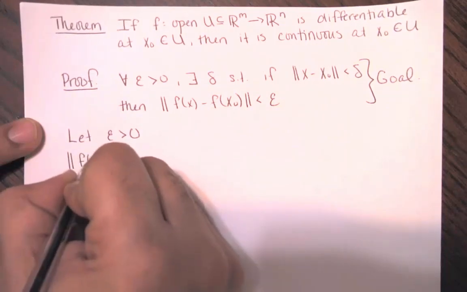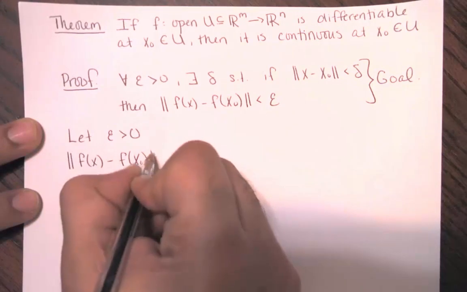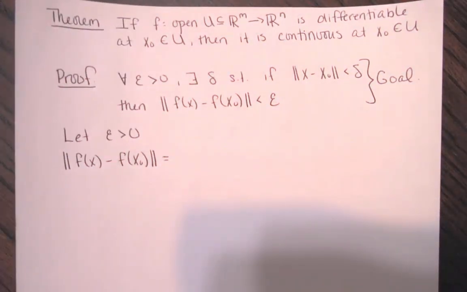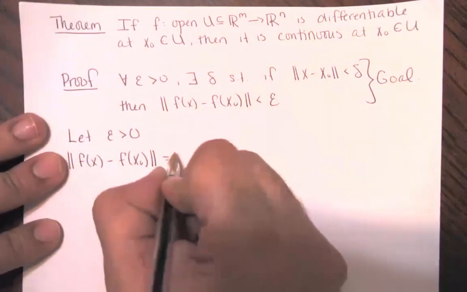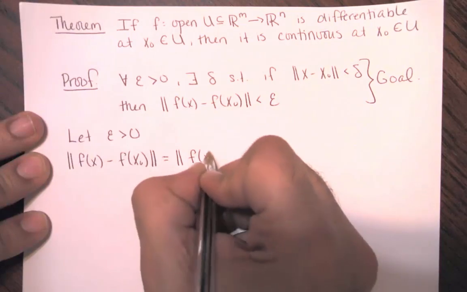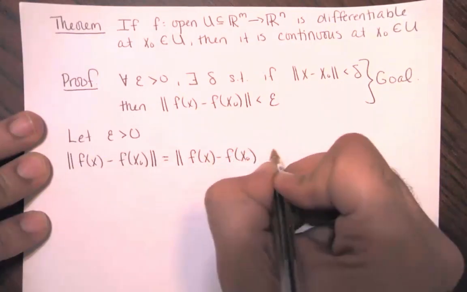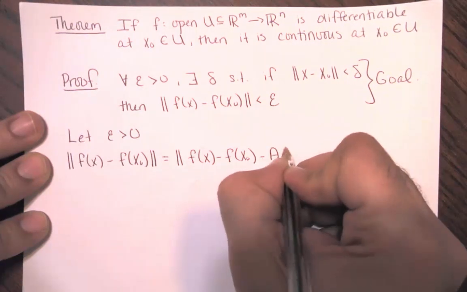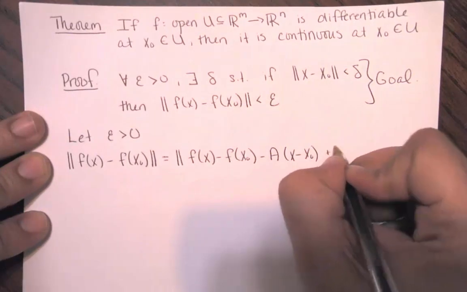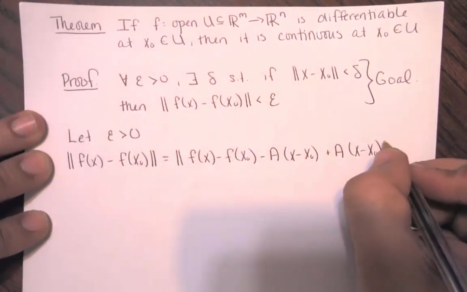Then f of x minus f of x naught equals, and here's where I get to add and subtract some zeros. f of x minus f of x naught minus A times x minus x naught plus A times x minus x naught.